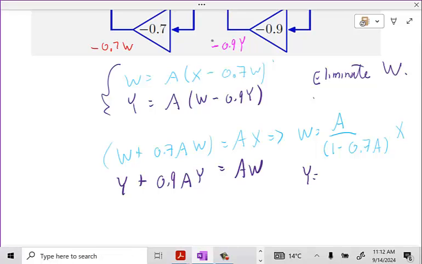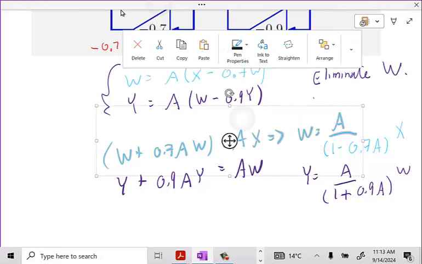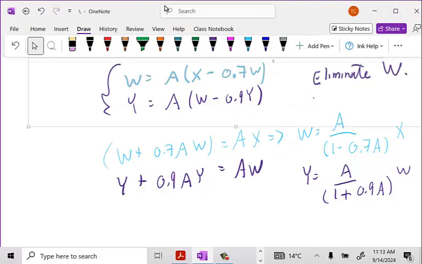So Y equals A times 1 minus. Did I say 1 minus? It should be 1 plus, right? So I'll fix that. 1 plus 0.9 AW. All right, so let me fix that with the right color. Okay, and it should be a plus.